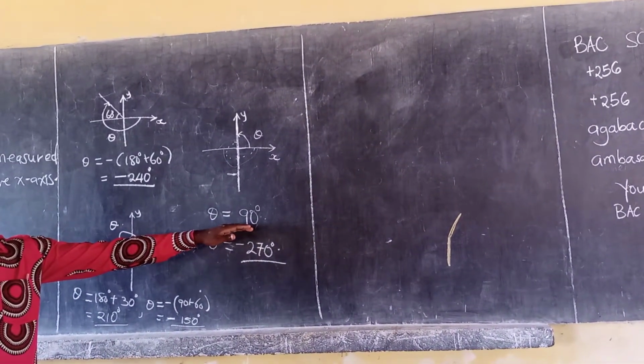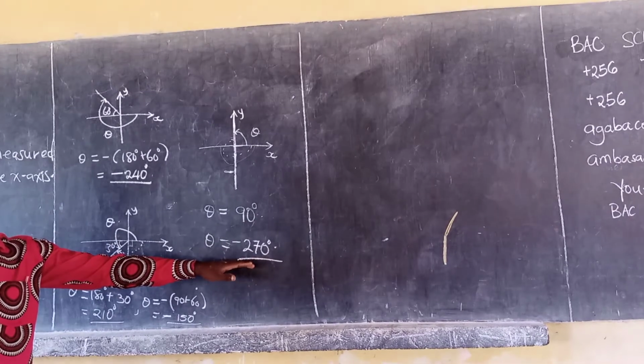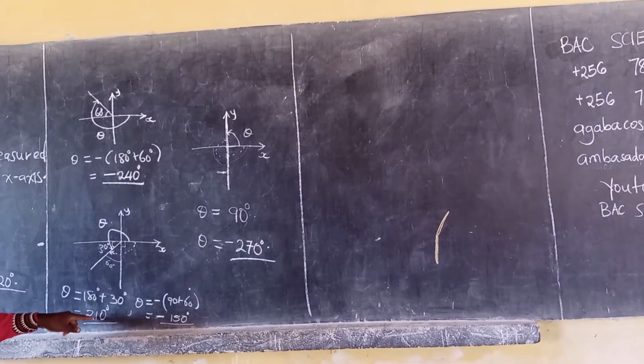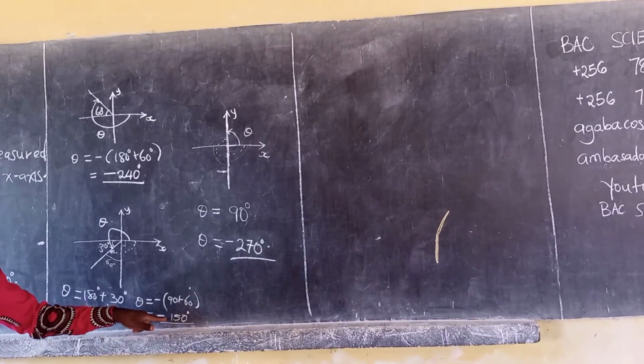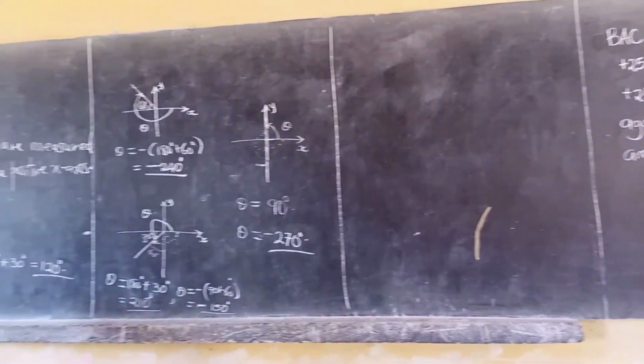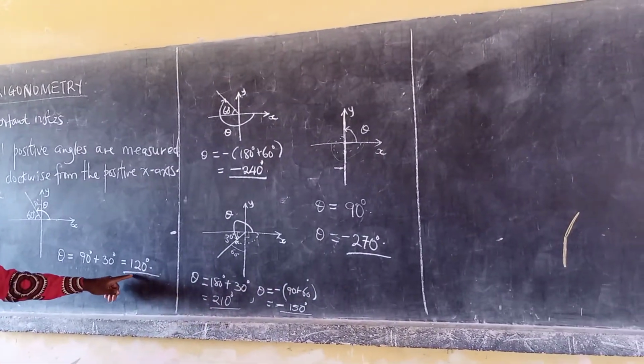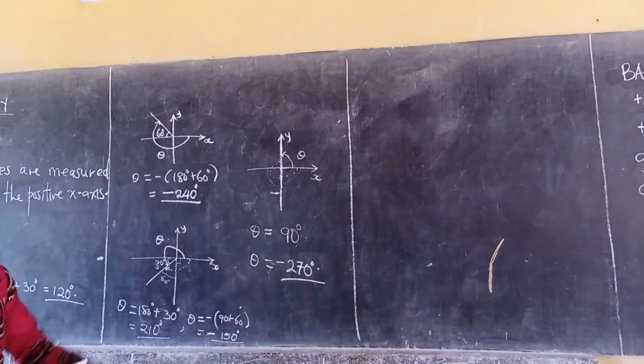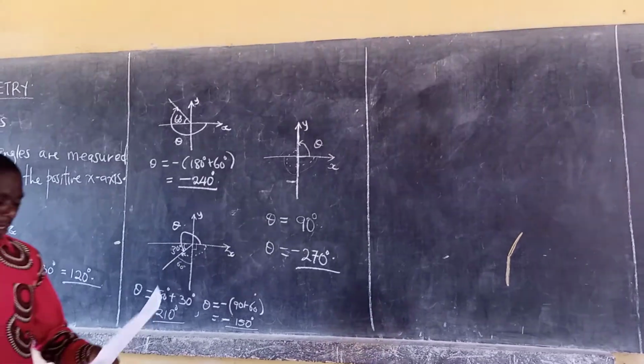An angle 90 degrees is equivalent to negative 270 degrees. An angle 210 is equivalent to negative 150. And an angle of 120 is equivalent to an angle of negative 240 degrees.